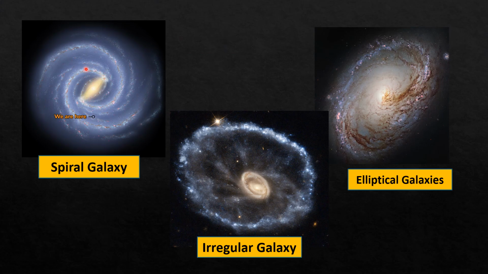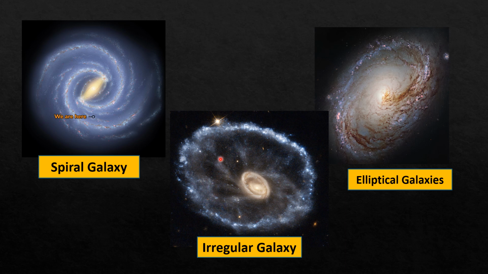See, what you are seeing here is the spiral galaxy, and we are here. The Milky Way galaxy is here. In this picture, this is the irregular galaxy, and this is the elliptical galaxy. From the shape, it is elliptical in shape, this is spiral in shape, and this is irregular in shape.